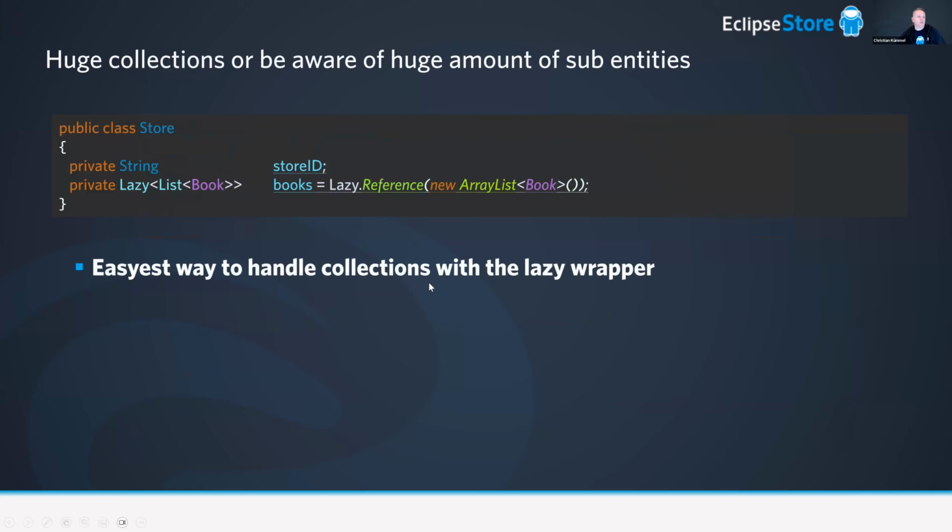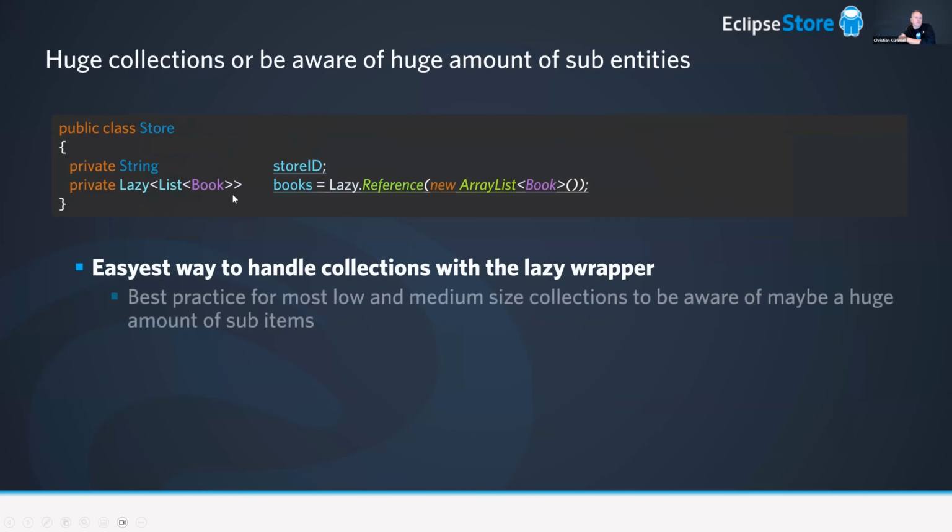For example, a huge amount of sub-entities. This is a good solution, especially when you have a list of persons or archive data, which is not that huge, but it's not needed to stay in the RAM. And if it's not a problem when you search for something within that list to load the whole list at once. So this is exactly what happens when you try to stream through the list of books here.